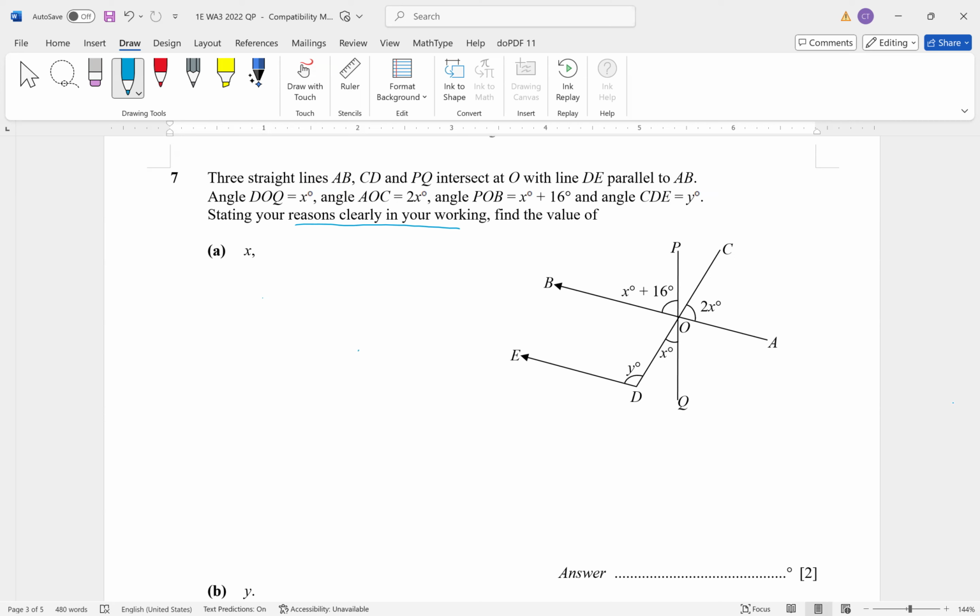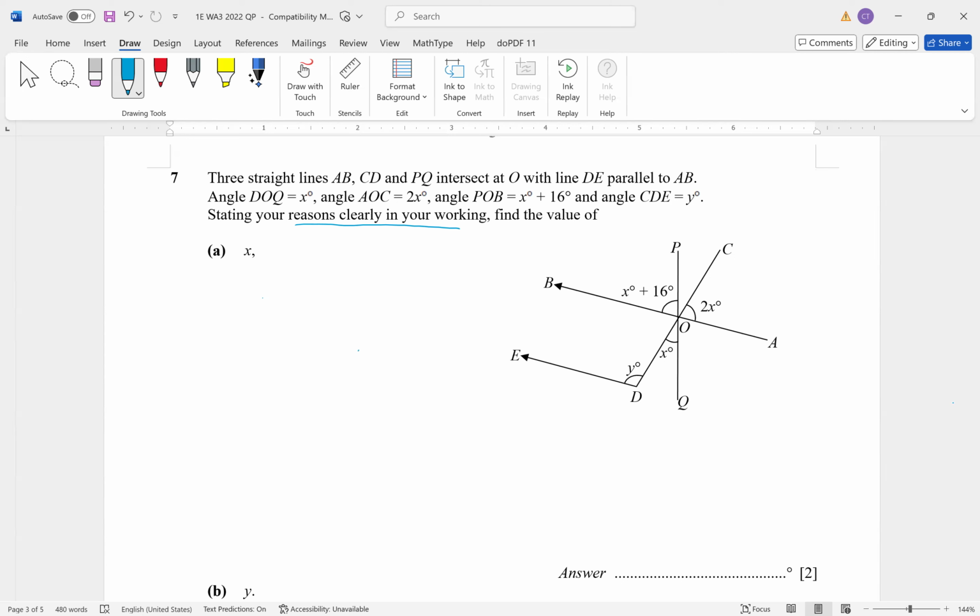Over here, there are three X. Angle DOQ is given as X, angle BOP is given as X plus 16, and angle AOC is given as 2X. So we need to find a way to formulate an equation and then use it to find the value of X. If you look here, it seems quite obvious.